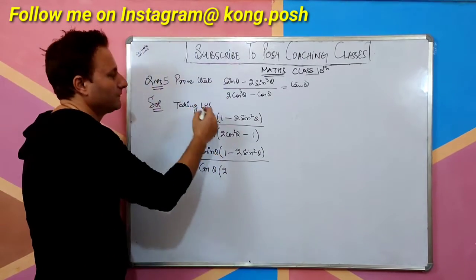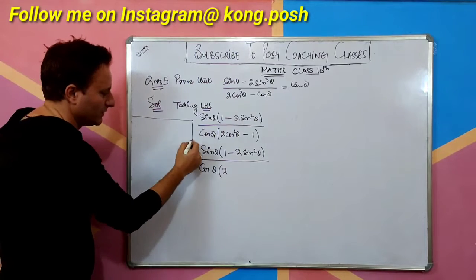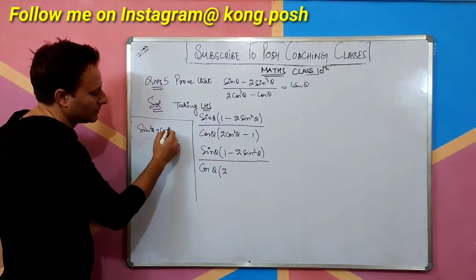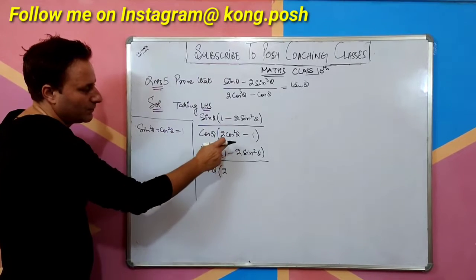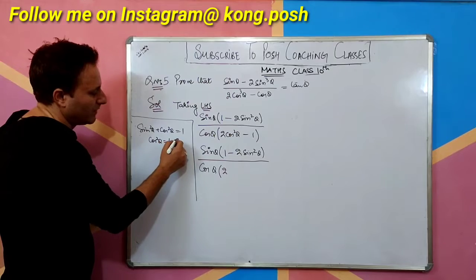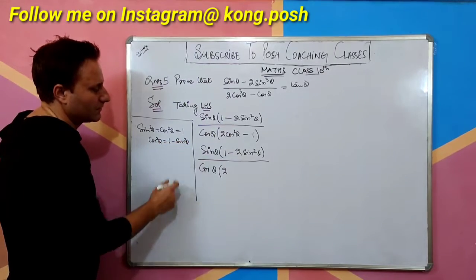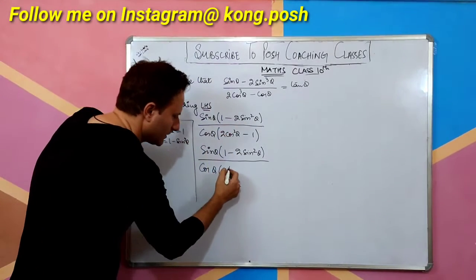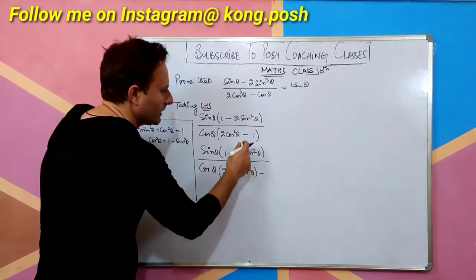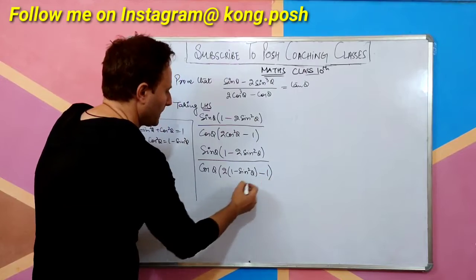I know, if you must be knowing this, sine square theta plus cos square theta is equal to 1. What I need is cos square theta. So cos square theta is 1 minus sine square theta. So that's what I will put here. It is 1 minus sine square theta, then I have minus 1.